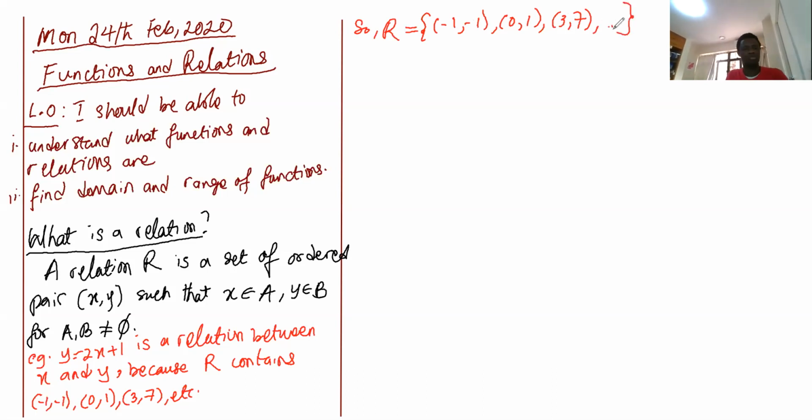Remember, R will be an infinite set this time around, unless I restrict what my A is and what my B is. So this is a relation. You can see my A in this case.